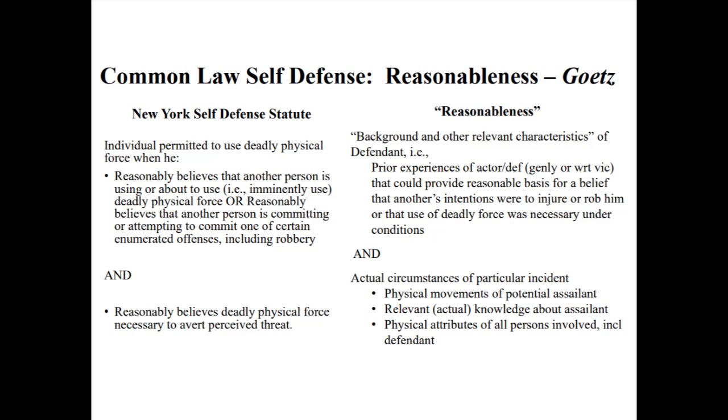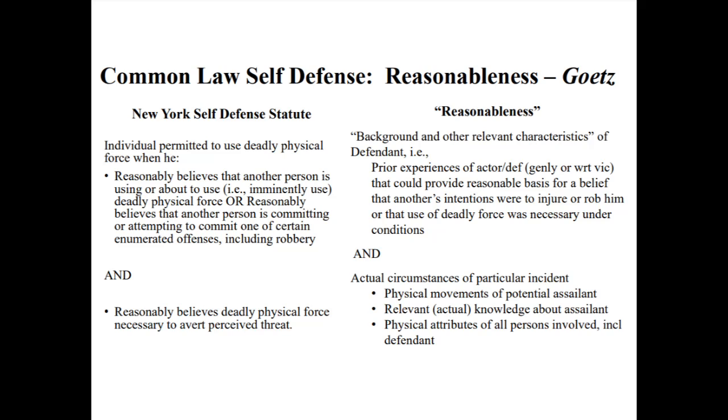The Model Penal Code's provision does not include the term reasonably. And so the court here concludes that by inserting that term into the statute, the legislature was intending to create an objectively reasonable standard. So, in essence, New York adheres to the common law approach to self-defense, although the legislators referenced the Model Penal Code when adopting this provision.